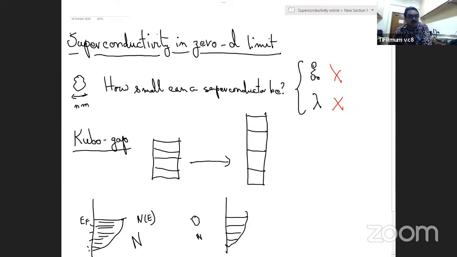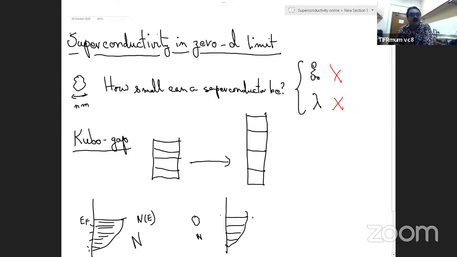In an extremely small particle, I will have, let's say, few energy levels. Now, this is the extreme limit. But what is happening effectively is that as I reduce the particle size, the energy band, which had a continuum of energy levels, now has discrete energy levels.